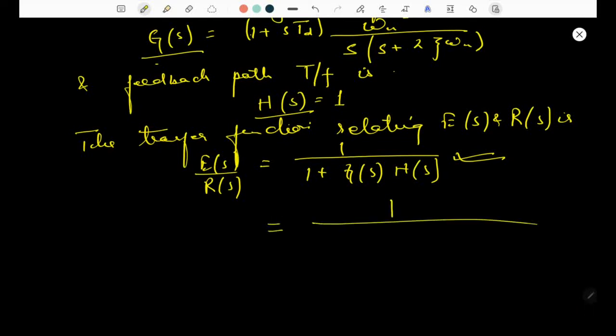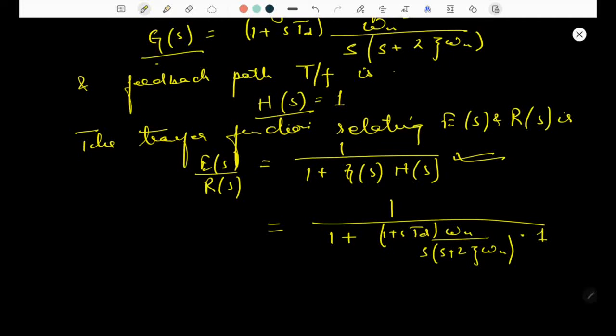We will get the transfer function relating E(s) and R(s). So what should this be? 1 upon 1 plus (1 plus s TD) omega n square upon s into (s plus 2 zeta omega n), into 1, since H(s) is simply 1.